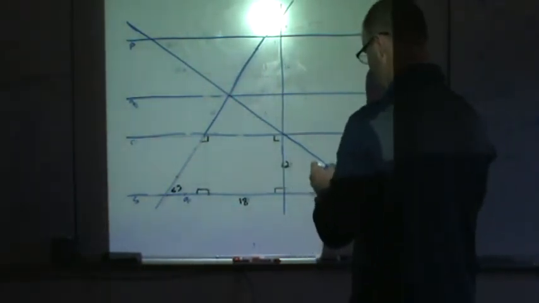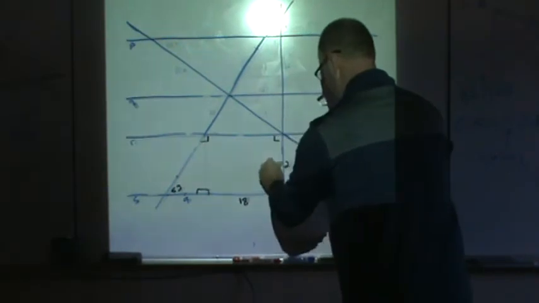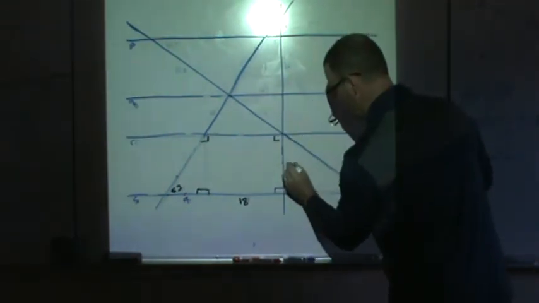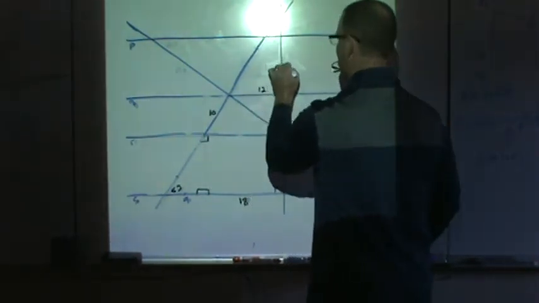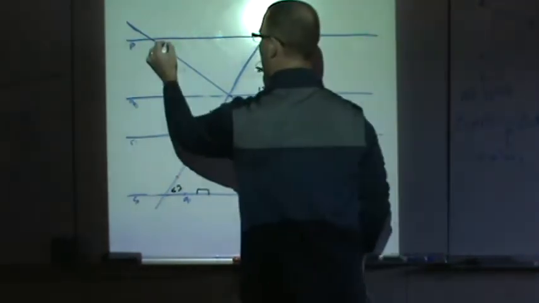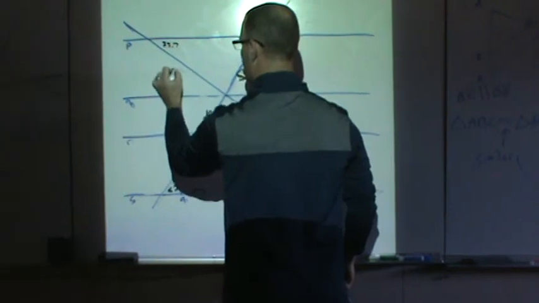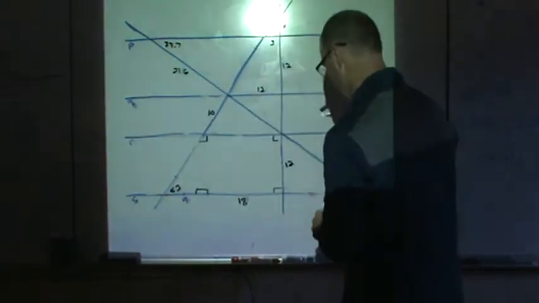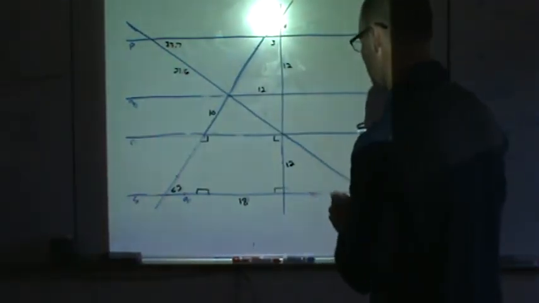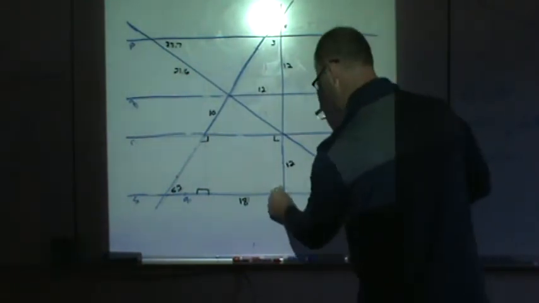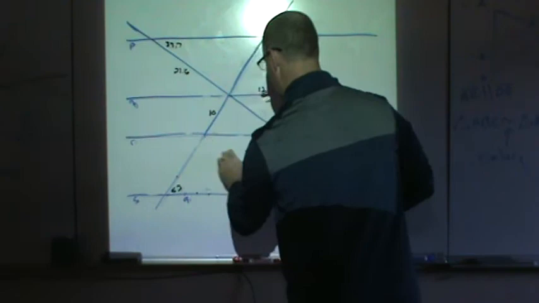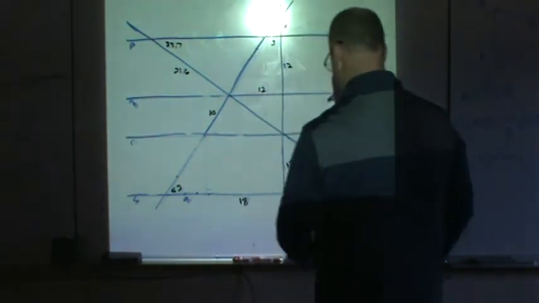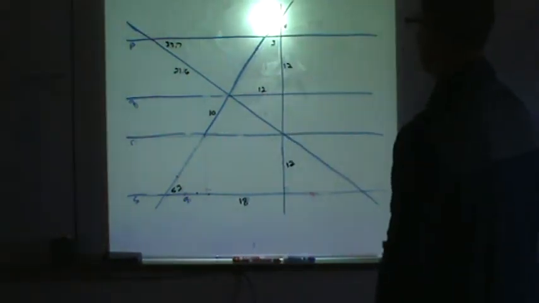All right, so here's what we're given, and we're given that this segment is 12. I got 10, I got 12, I got 12, I got 3, 4, 33.7, 21.6, and am I missing anything? I'm not missing anything at all, except I do need to get rid of these because my diagram is off just a little bit from yesterday, and that's what we're given.